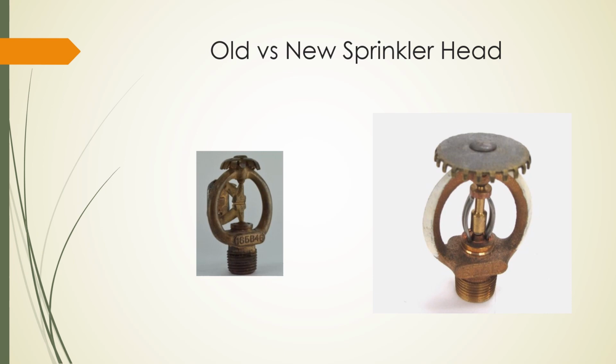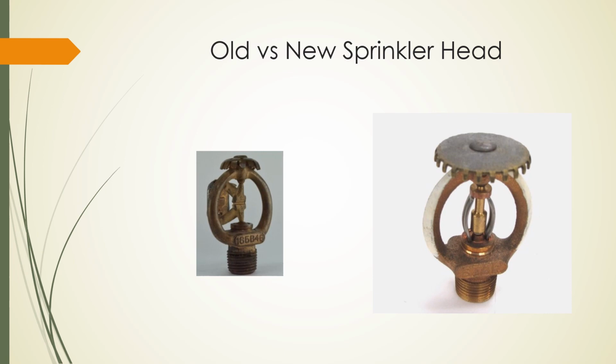So we use that 1946, that's probably a late 80s head, but I'm not sure when that head was made. But the 1953 is the delineation between the two heads, and we use that as kind of a marker to establish date of installation.